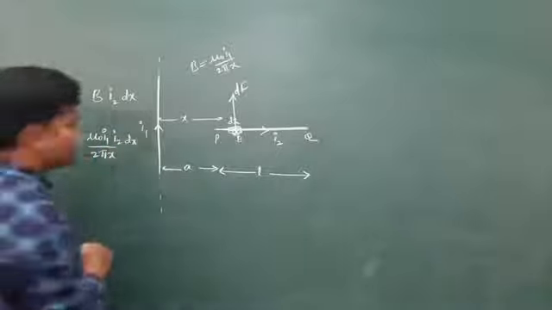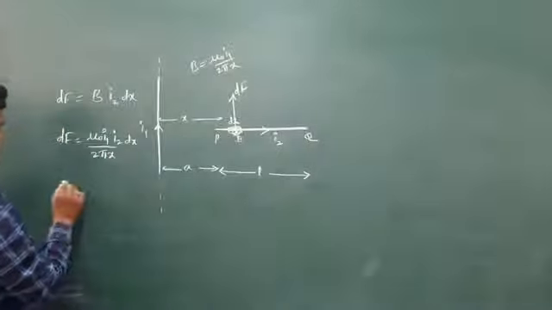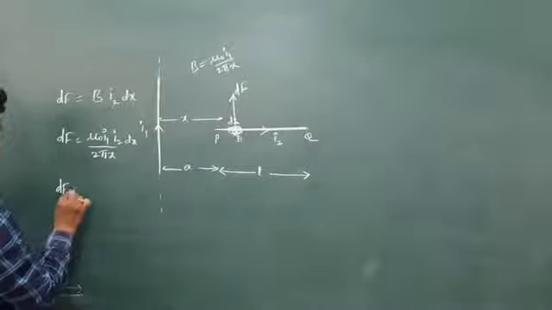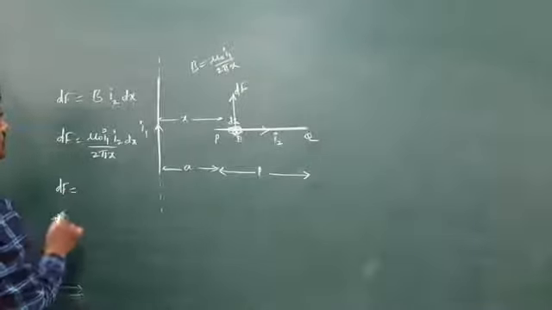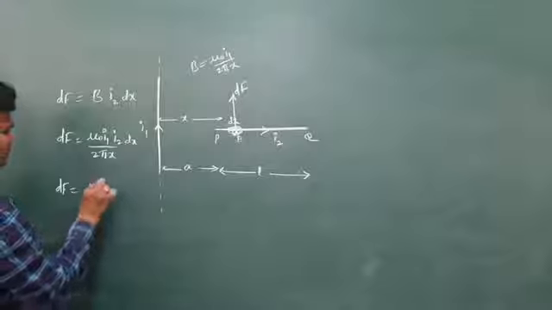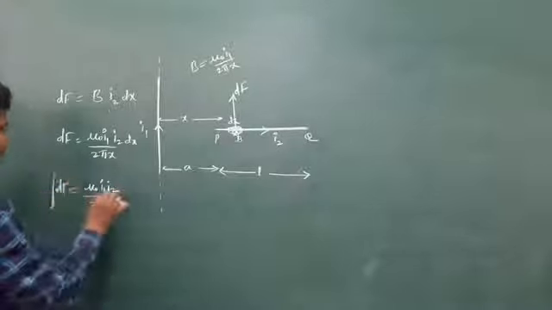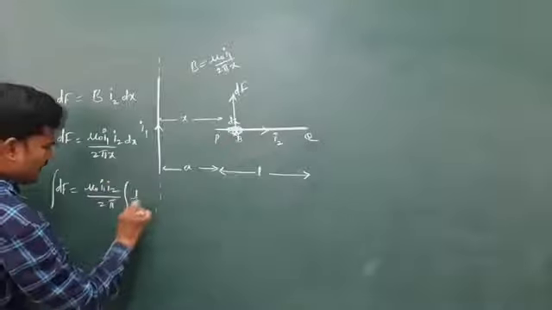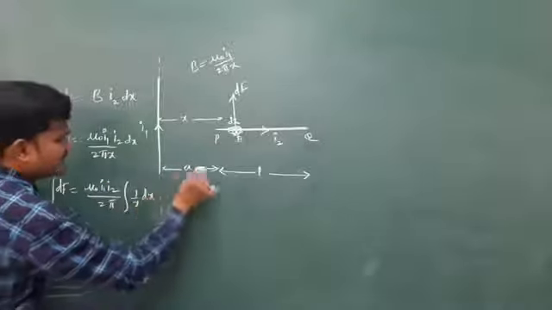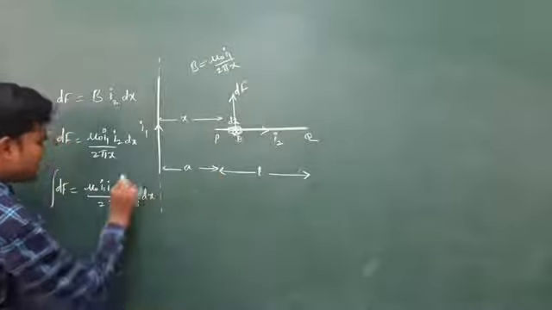Then apply the integration. F is equal to mu naught I1 I2 by 2 pi times the integral of 1 by x dx. Limits are very clear: starting is a, ending is a plus l.